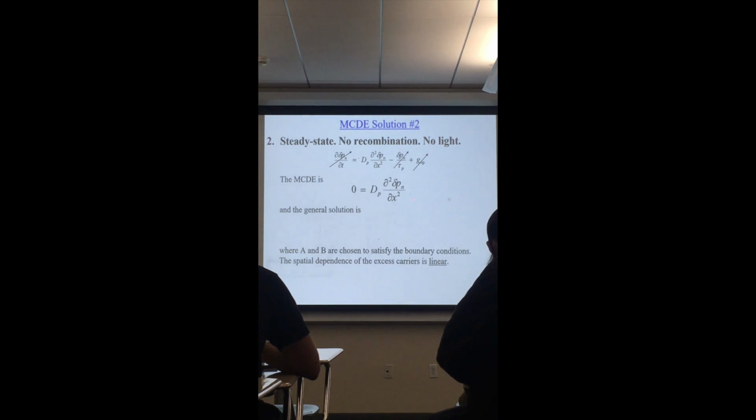This is the simplified equation for case number 2, and it can be solved easily. It is also a differential equation, and the general solution will be like this: a constant A plus a constant B times x. This term tells you that the carrier concentration varies linearly. So this is different from the exponential decay; for case 2, we have a linear decay.